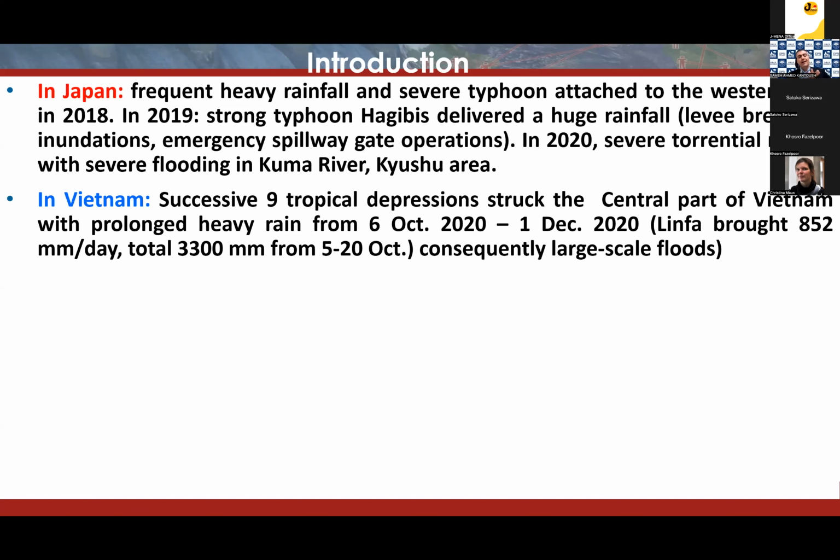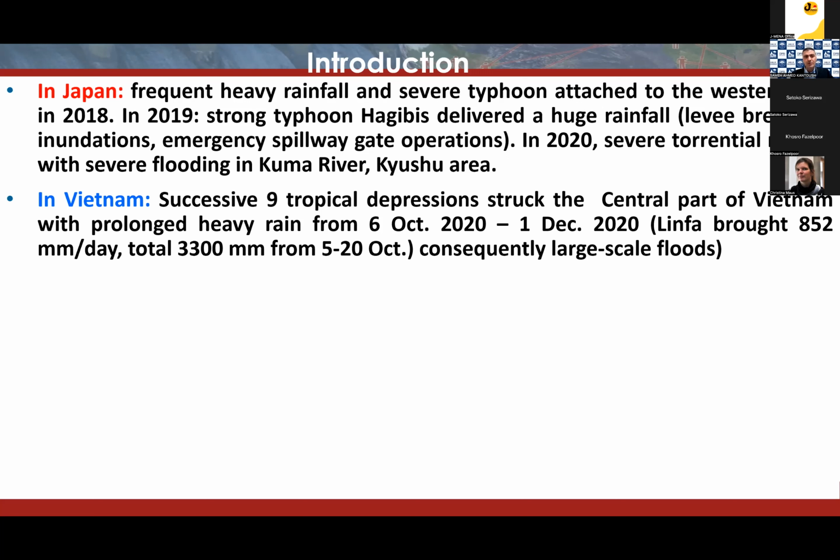In other countries, let's say like in Vietnam, also in Asia, successive typhoons, successive means continuous, several typhoons have been hitting the central part of Vietnam with very long lasting heavy rainfall from 6th of October until 1st of December. Every typhoon has a different name.